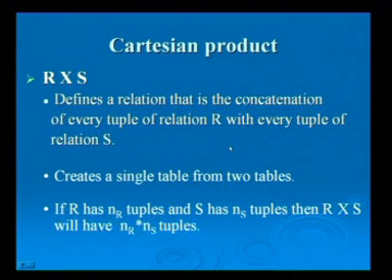To illustrate this further, if R has n r number of rows and S has n s number of rows, then taking R Cartesian product S means the resultant relation will have n r into n s number of rows.